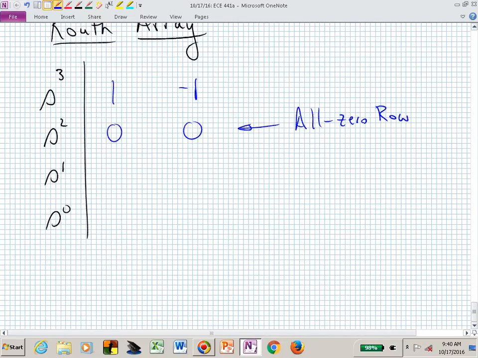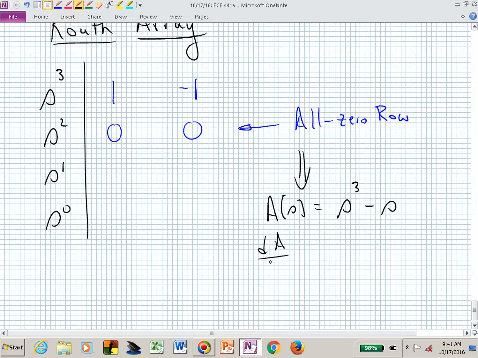So now what do I do? I need to find my auxiliary equation from the row above my all zero row. My auxiliary equation is actually my original polynomial in this case, but it's now s cubed minus s.